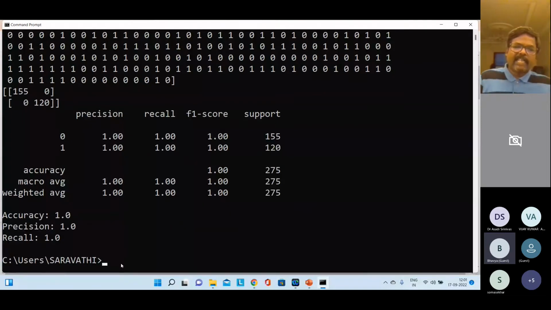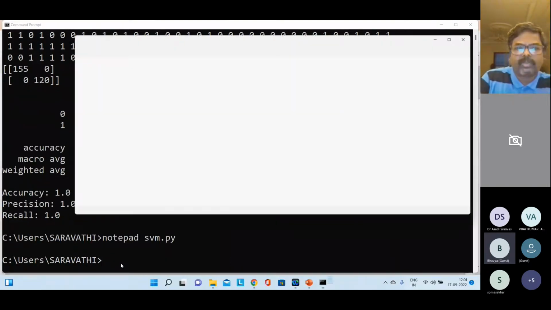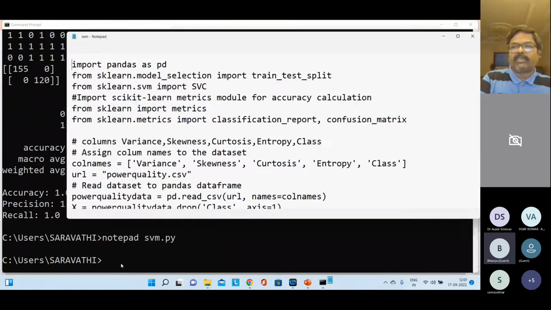It is correctly classified: 155 false and 120 true. So this is a support vector machine. If you go to Notepad and open svm.py, you come to know what type of data I have taken.